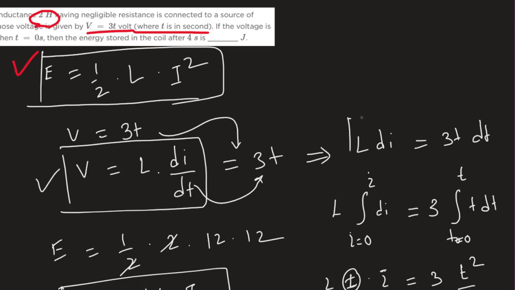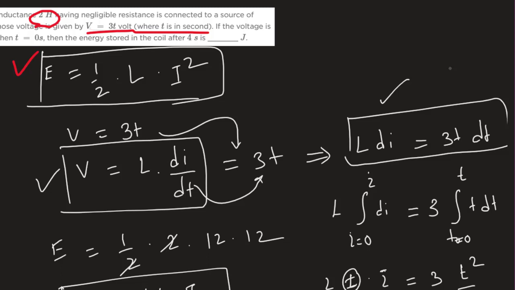So what this formula tells us is that for a small fraction of time, how much current is flowing in that particular coil. But what we want to do is find the total current flown in the 4 seconds. And that's why we need to take the integration. Okay. So we want to find the total current.